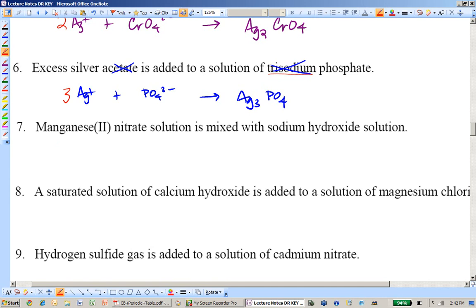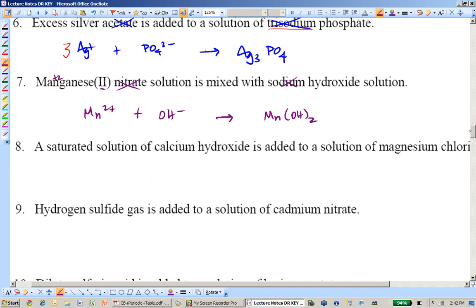All right, here's a Roman numeral one that is just a celebration for me, because I already know that's a +2, because that's what this 2 is telling me. Nitrate's out of there, sodium's out of there, so Mn2+ and OH- yields the only thing it can yield, Mn(OH)2. Balance.